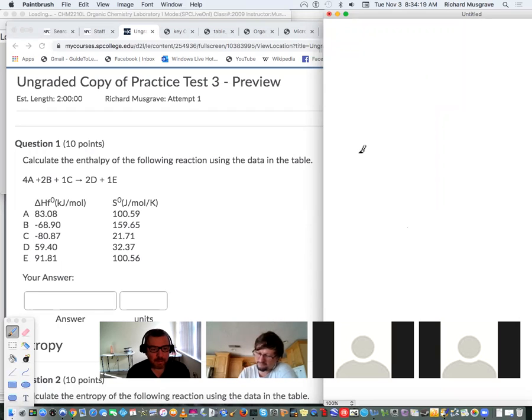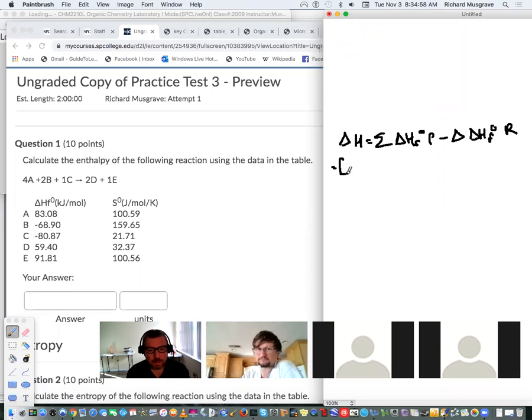So the enthalpy is going to be based on the heat of formation. And let's see. Wouldn't that be the S° values? No, that's entropy. So it's H_f. Yeah. So delta H is going to be the sum of the heats of formation of the products minus the sum of the heats of formation of the reactants. And then of course we have to take into account the stoichiometry as well. So I like to put them in square brackets.